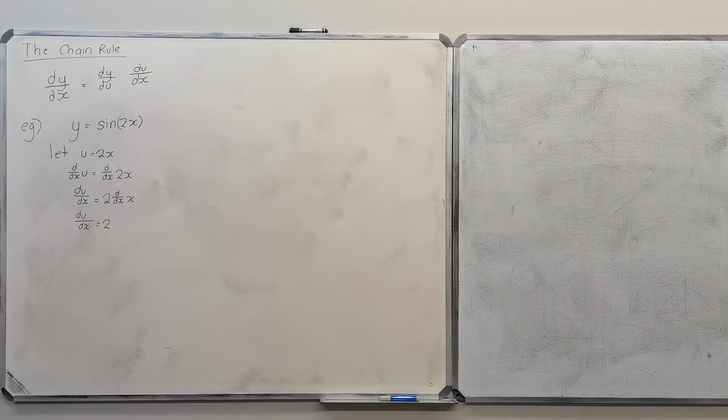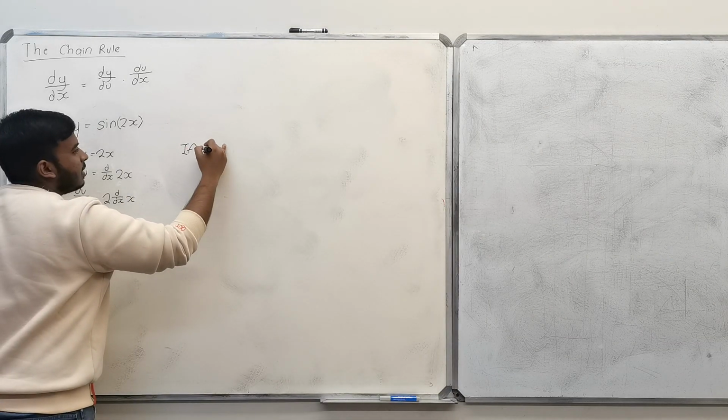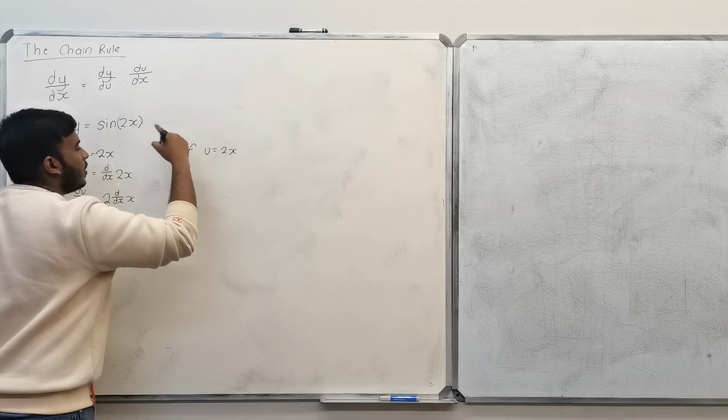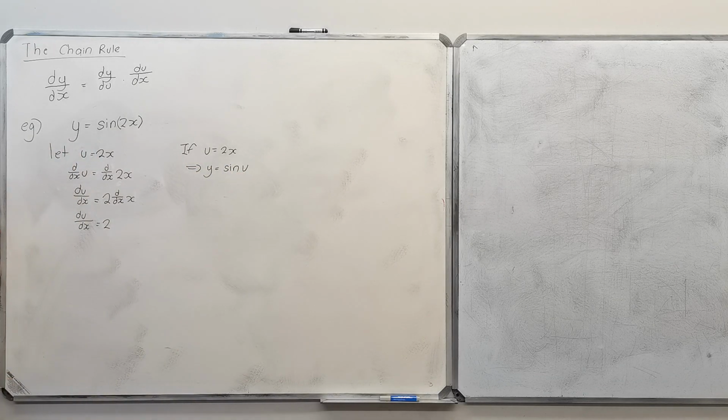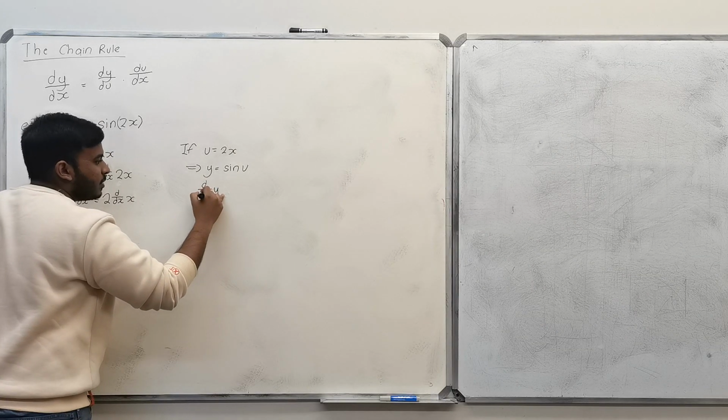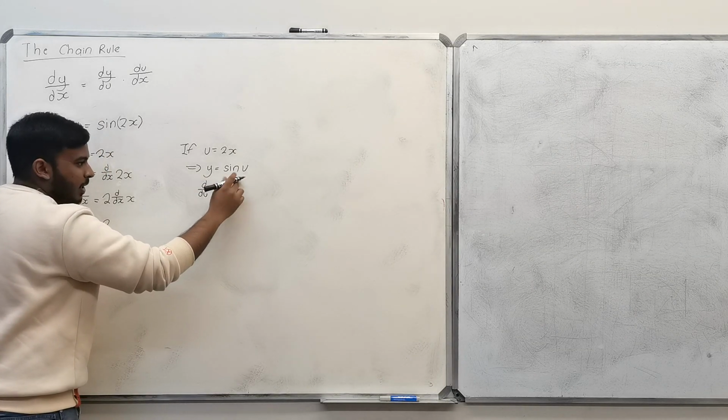Now, because we let u equal to 2x, our equation on the top became y is equal to sine of u. Now I want you to derive that. How would you derive it? After you write y is equal to sine of u, you derive equation y with respect to u, because u is your independent variable.